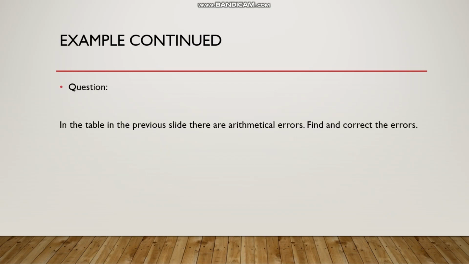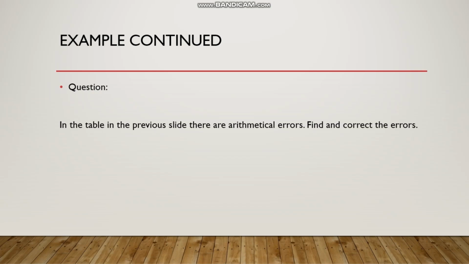Now, I just showed you guys a table that we're going to use as an example, and I asked you to take a few seconds to review it. Now we're going to look at the actual question that we would have to answer based upon the information in the table. So there are some arithmetical errors in the table that I just showed you. What I want you to do is to find and correct the errors that are in the table.